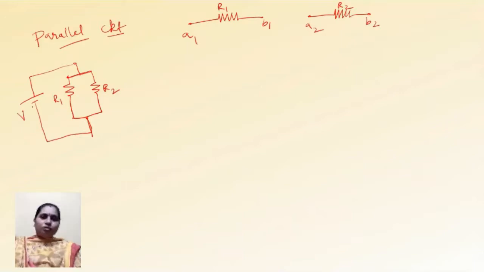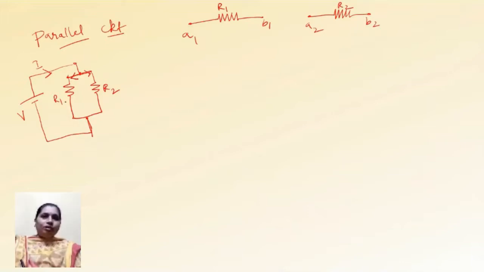Whenever we apply a voltage, current starts flowing from the positive terminal to the negative terminal. If you see here, there is a junction. Interconnection of two or more points is known as a junction. This junction creates two paths, either through R1 or through R2.